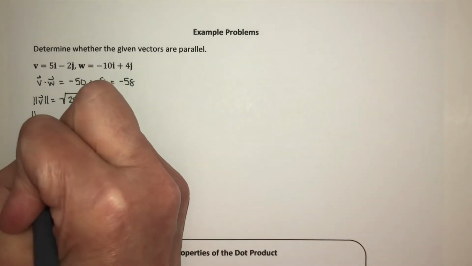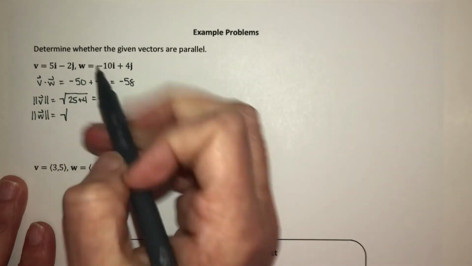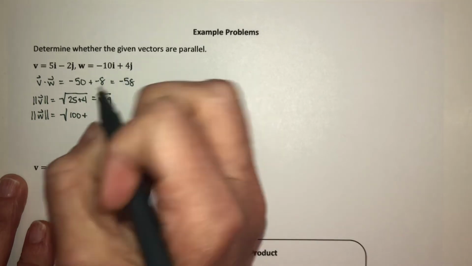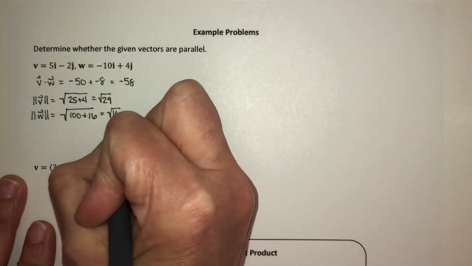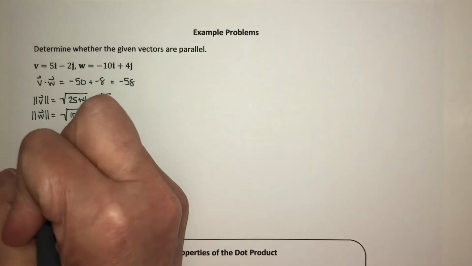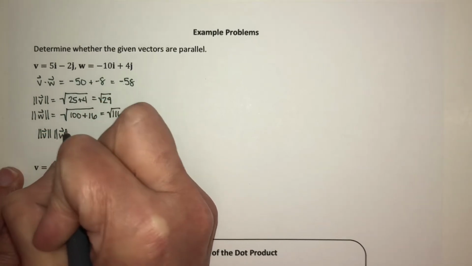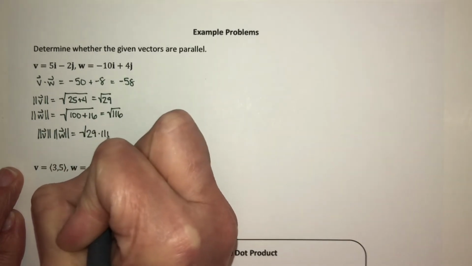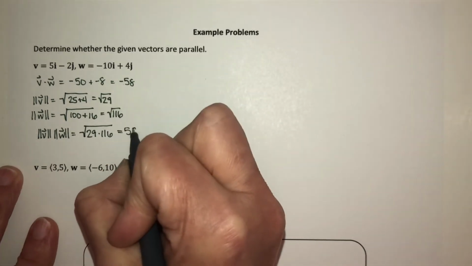The magnitude of w is the square root of -10 squared, which is 100, plus 4 squared, which is 16. So that's the square root of 116. The magnitude of v times the magnitude of w is the square root of 29 times 116, which is 58.